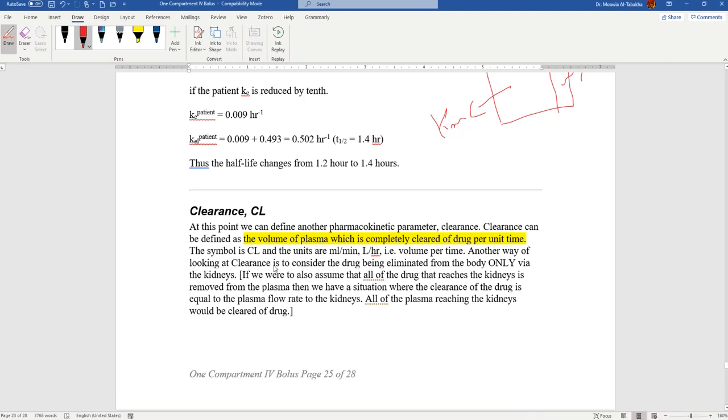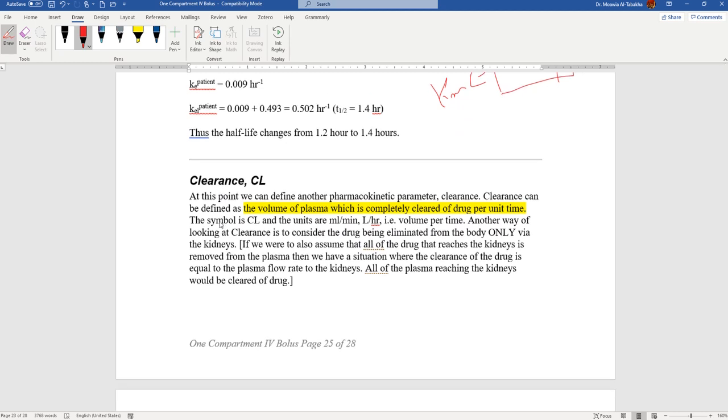Now we will be talking about clearance. Okay, I told you previously that clearance is a very important term. It's even more important than KEL. First of all, we will start talking about the definition of clearance, and then we will see the importance of clearance in pharmacokinetics.